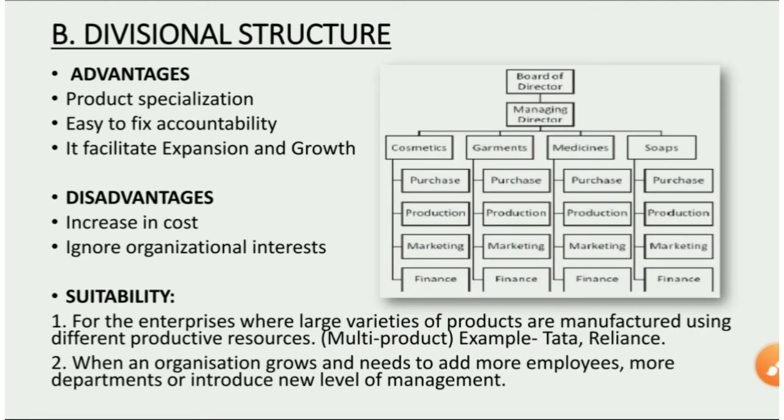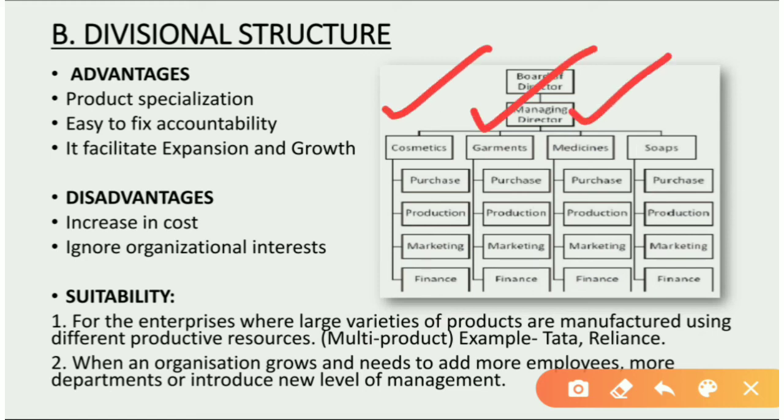But here they are focusing on more than one type of product, meaning cosmetics, garments, medicine, soaps, in total four types of products. So this structure focuses on product specialization.